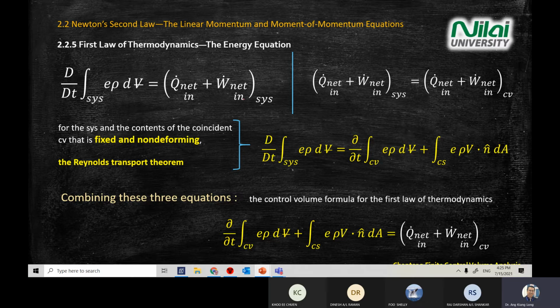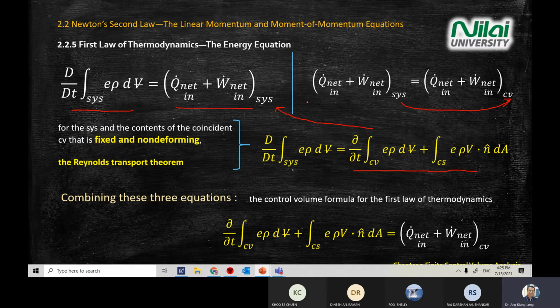It means that you equate your system to CV, and you equate this equation to this one. Then you substitute this equation inside here, right? You substitute this one inside here. So you'll get the one that you see on the bottom of your screen.